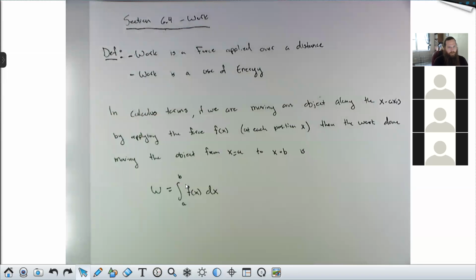In physics, you'll usually see a capital F here, and then your differential is usually dl. It's like a little length.